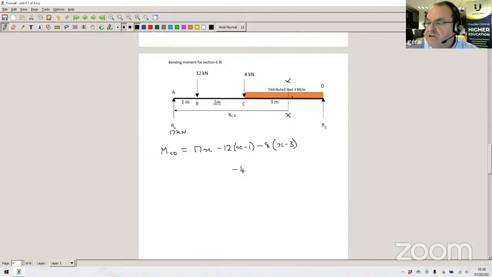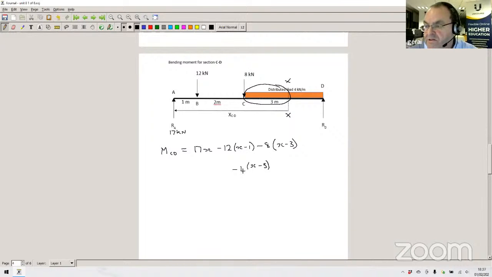We're only considering the load to the left of our arbitrary point X, so we only need this part of the load. That distance from X to C is X minus 3.